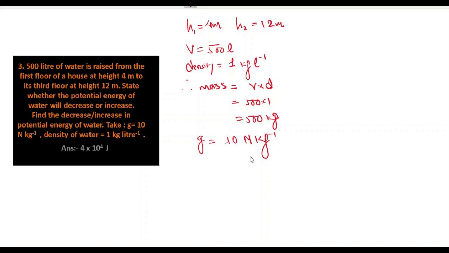Cool. Okay, so what do you have to find? State whether the potential energy of the water will decrease or increase. Of course it will increase. We are taking it to a higher position. Find the decrease or increase in potential energy. So the increase in potential energy is equal to mgh2 minus mgh1.